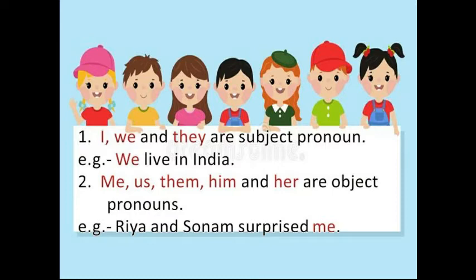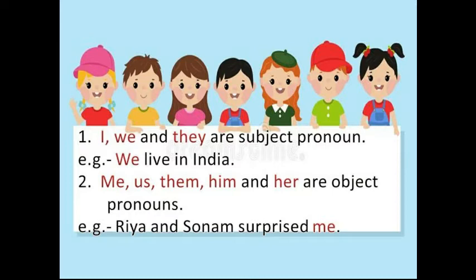Subject pronouns are always used in the first place of the sentence. For example, we live in India. Second, me, us, them, him and her are object pronouns. Object pronouns are used in the middle or at the end of the sentence.